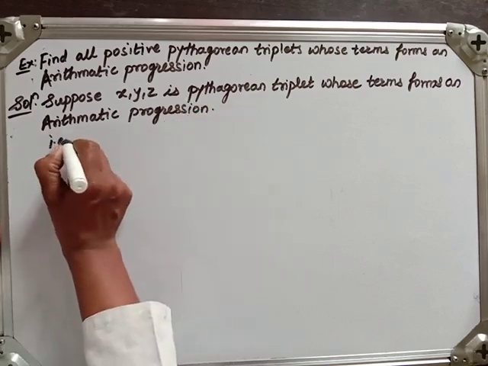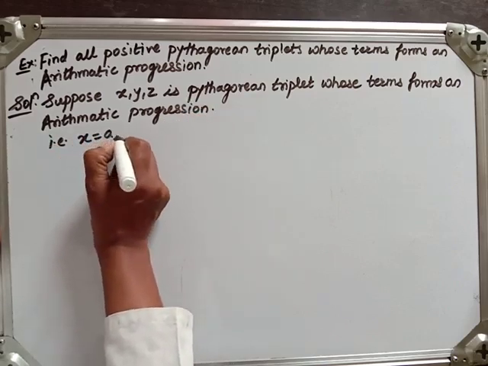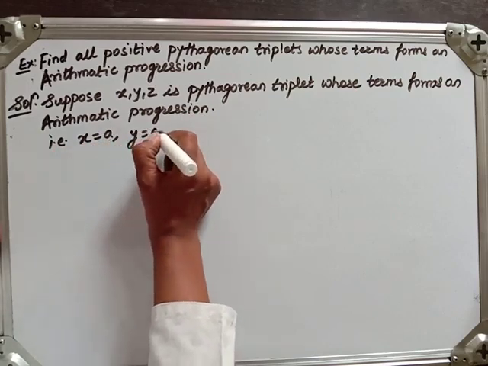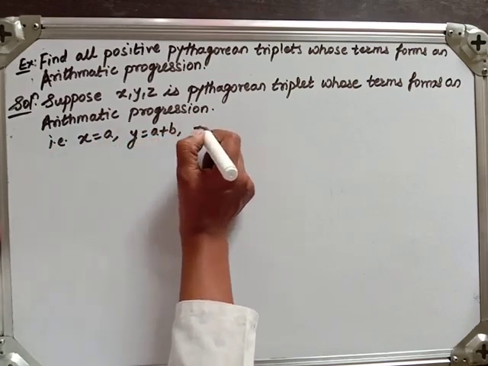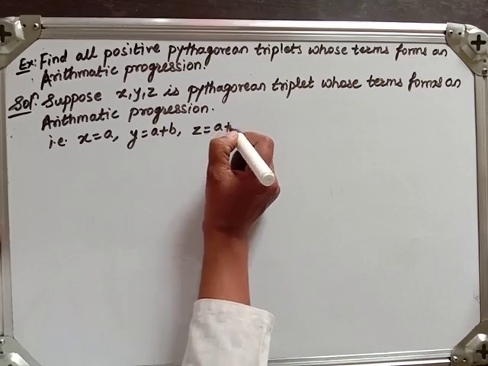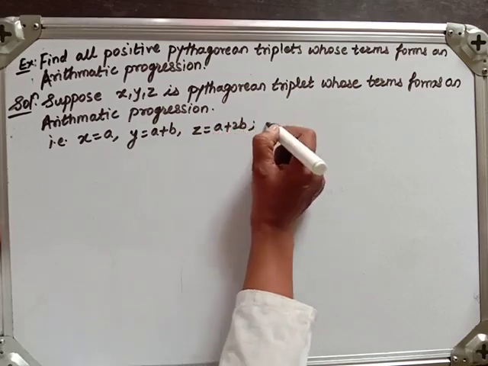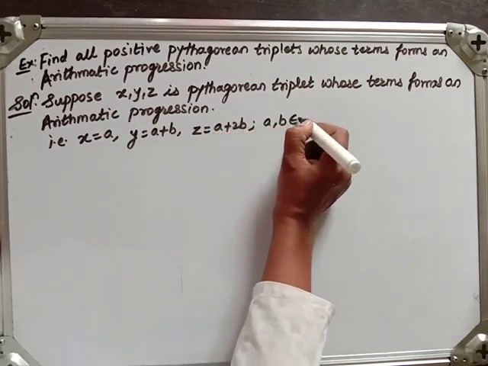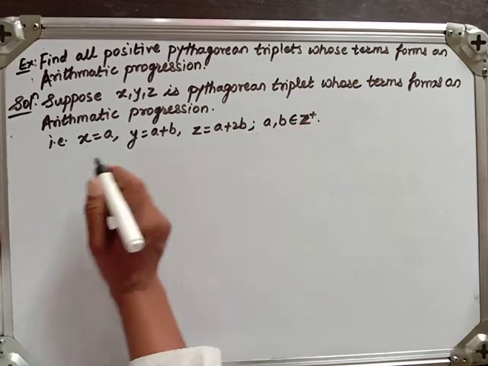That is, x is equal to a, y is equal to a plus b, z is equal to a plus 2b. a, b are positive integers.